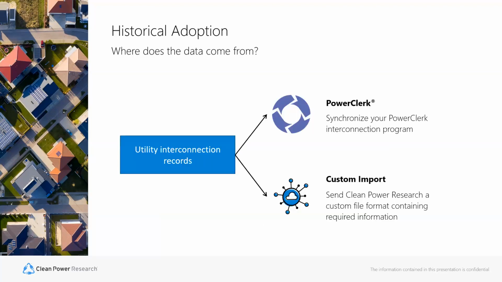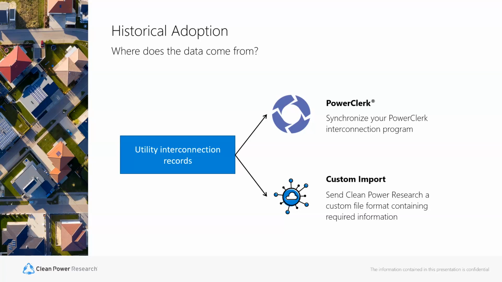Okay, so we've talked a lot about data and where this data comes from. We work directly with utilities typically, so we are using their interconnection records. The best place that we can find these things is within PowerClerk. PowerClerk is an interconnection program management software tool that CPR has licensed to lots of different utilities throughout the US.